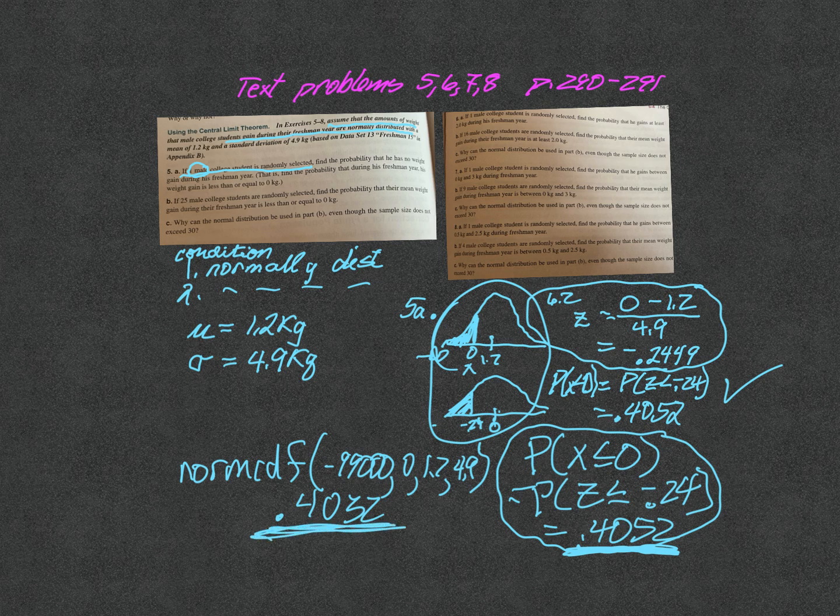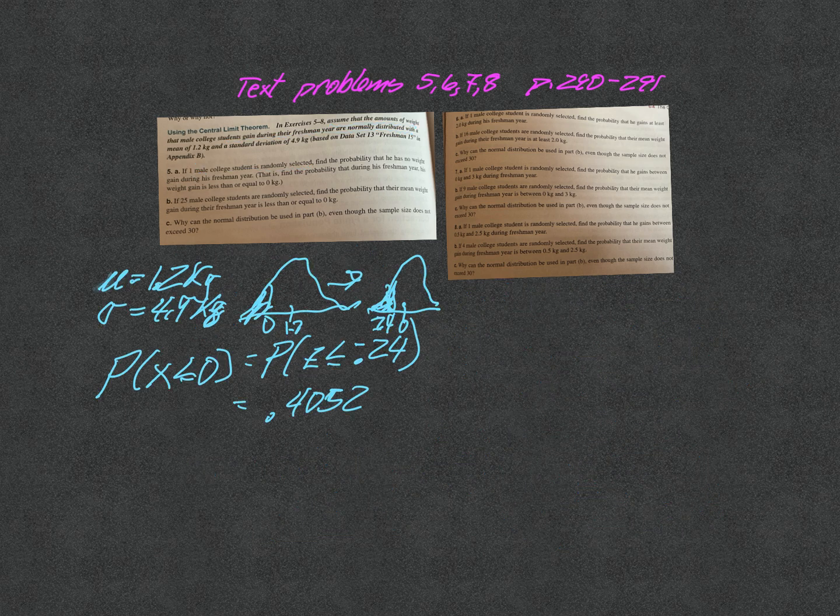The calculator will give us a much more exact value, because we're missing part of the z-score when we use the table. Okay? So that's the first problem. It's really a one-step problem. What I've done is write a summary of problem 5A here.